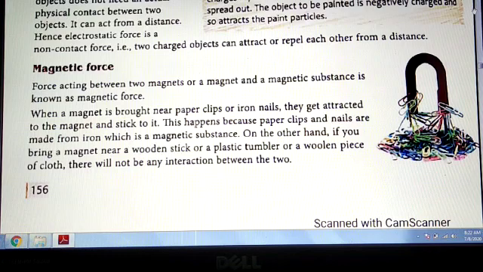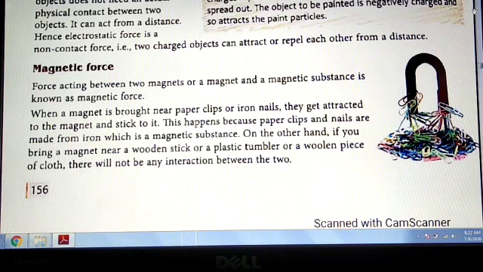Because the paper clips, the nails and all are made from iron, and these are magnetic substances. Magnetic substances are only attracted by a magnet. Now if we bring a magnet near a wooden stick or a plastic tumbler, they won't be attracted because they are not magnetic substances. So what is magnetic force?